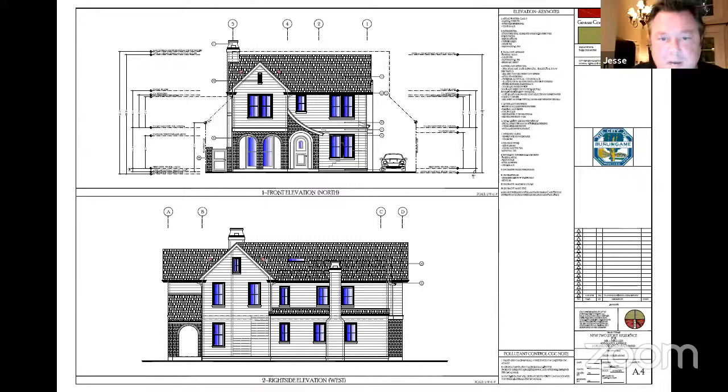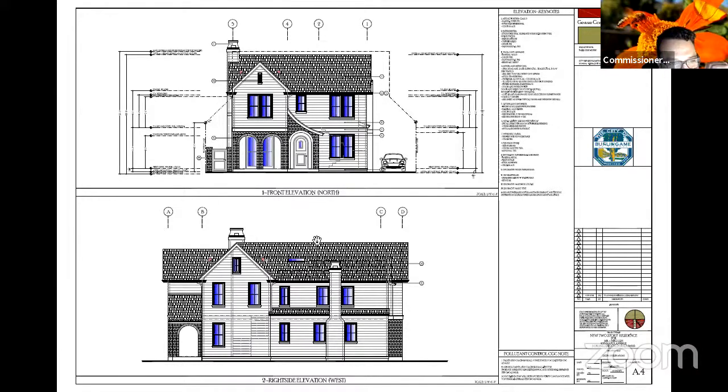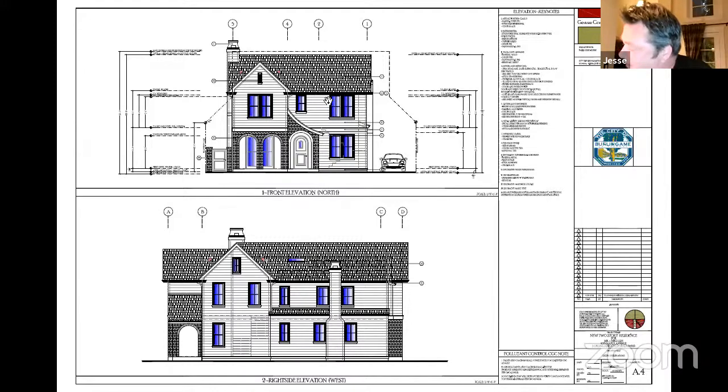So are we talking about the front elevation, right side belly band? The front elevation north. I'm sorry. Yes. Okay. And then the downspout on the left side, looking at the right side, right above the front door. The downspout that clashes. Gotcha. Yes. Okay.